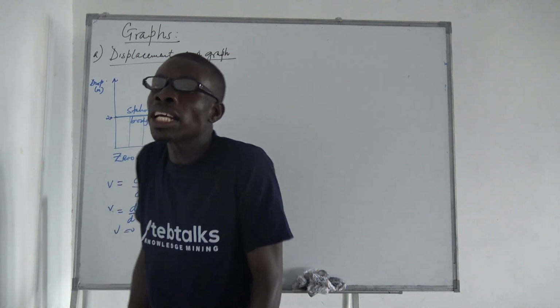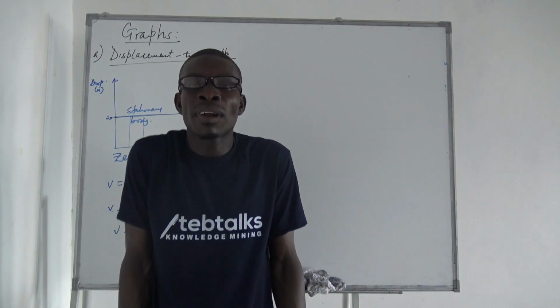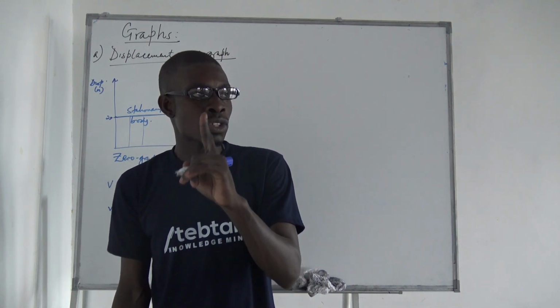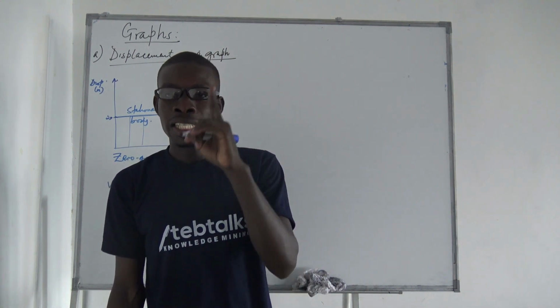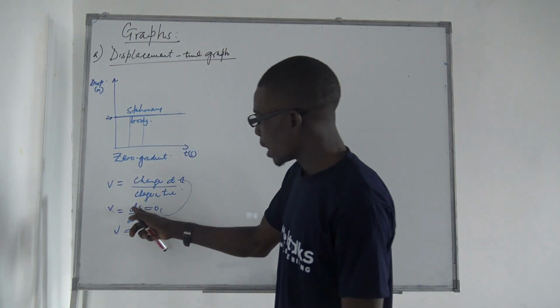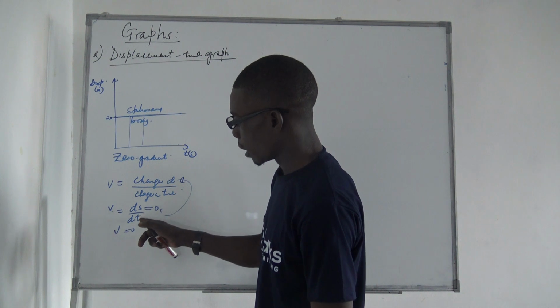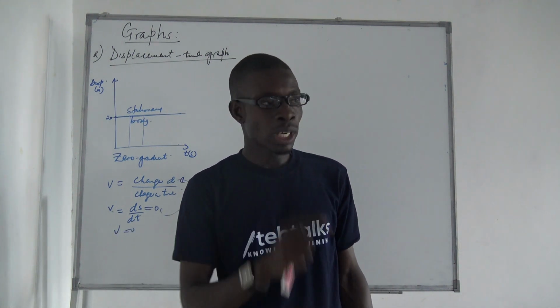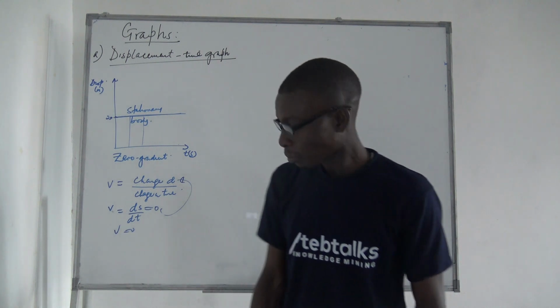So that means the body remained at 20 for a long time. If a body is at one point for a long time, we can say that body is stationary. Is that okay? So if s is not changing, it is 0 divided by time, that means v is 0, and therefore the body is stationary.